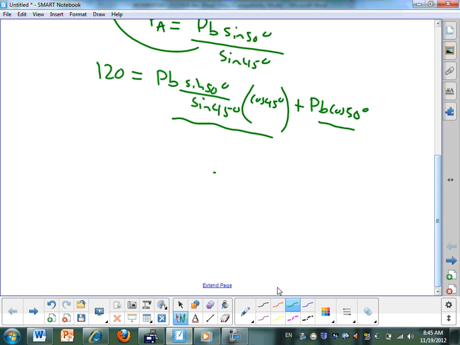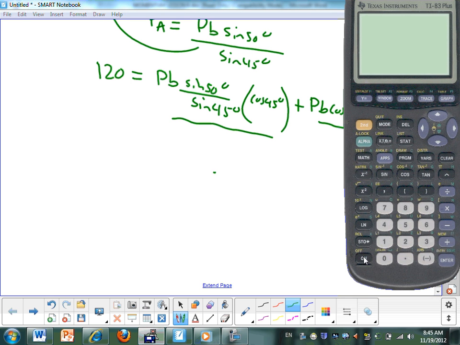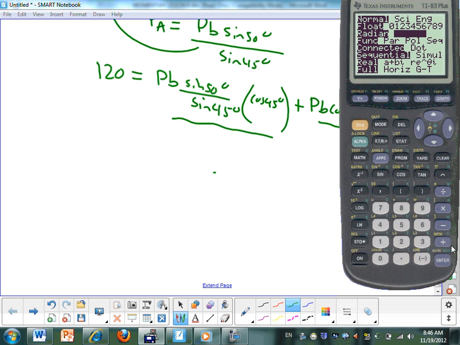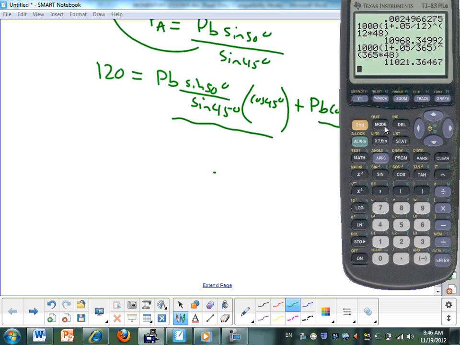So let's take that scariness away and make them numbers. Making sure I am in degrees is probably important. I'm going to go sine 50 times cos 45 divided by sine 45. And that will give me the chunk that's in front of here.